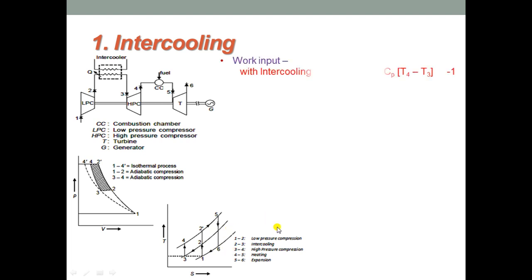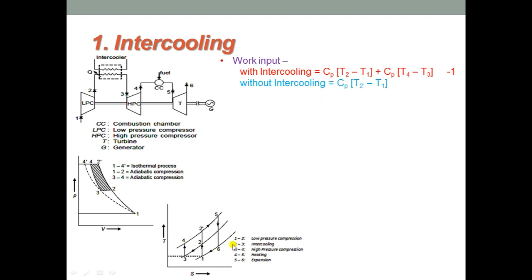So, work output with intercooling is given by Cp into T2 minus T1, that is first stage of compression, plus Cp into T4 minus T3, which is second stage of compression. So, if you include intercooling, you will have two works, stage 1 and stage 2, and this is the total work with intercooling.